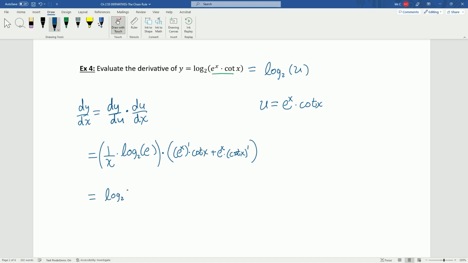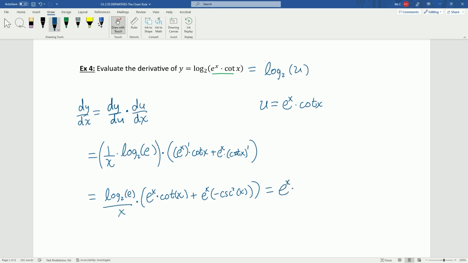But here we get log base 2 of e over x times e to the x, the derivative of e to the x is e to the x, times cotangent of x plus e to the x times the derivative of cotangent, which is negative cosecant squared. The only thing I could really do here is factor the e to the x out, which I'll go ahead and do.